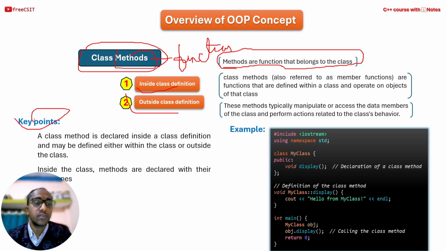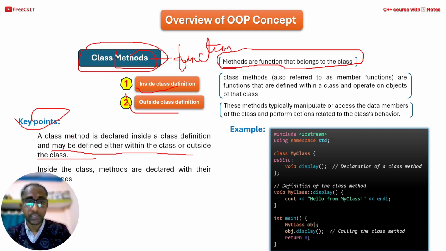Some key points: a class method is declared inside the class definition. It means a class method is declared inside the class definition and may be defined either within the class or outside of the class. I will show you in the practical lab coding part also. Inside the class, methods are declared with their prototypes. I have written an example here. This is the class creation.